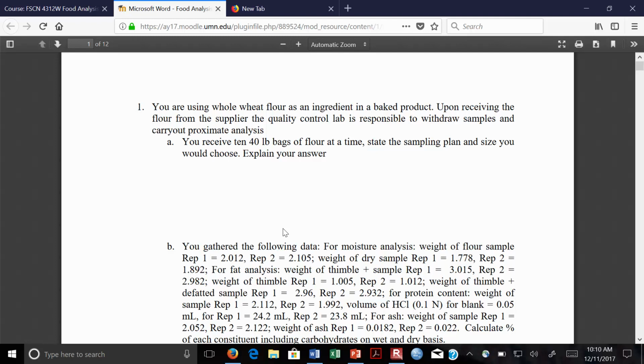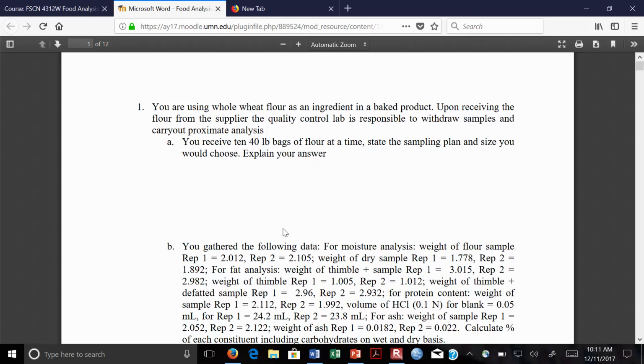If you're given a thimble plus sample, then you want to subtract the thimble plus the extracted sample, and you get the weight of the fat. So make sure that you know what you're looking for so that you know what you want to subtract from what. I'm not going to go over this calculation. Just do it on your own, and if you have questions, let me know.